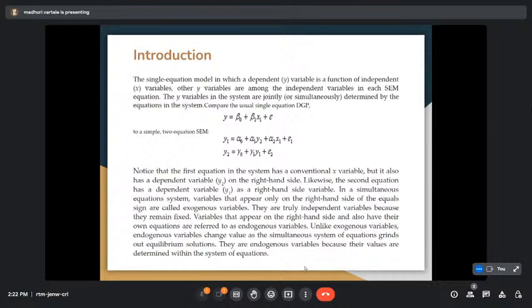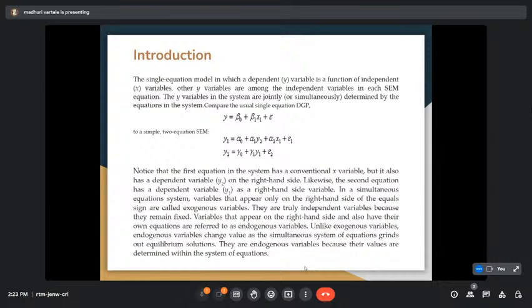In that we have to use variables, and the functions of these variables are very important. That's why we have to know how to calculate the single equation model, in which dependent and independent factors are the major part, where the y variable is a function of the independent variable x.